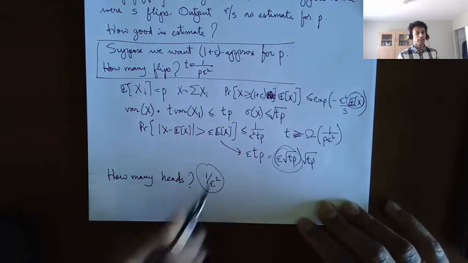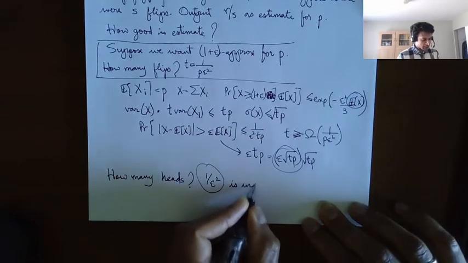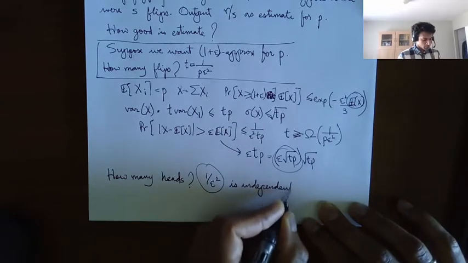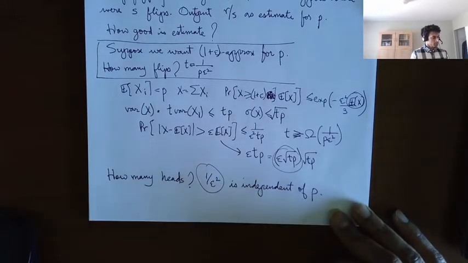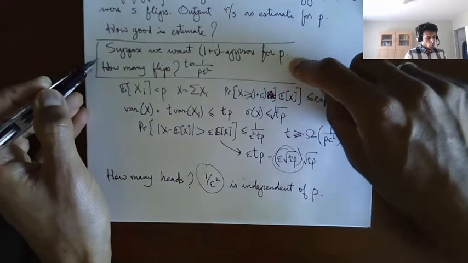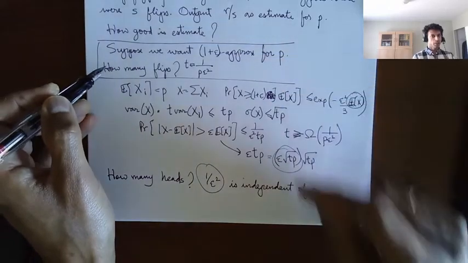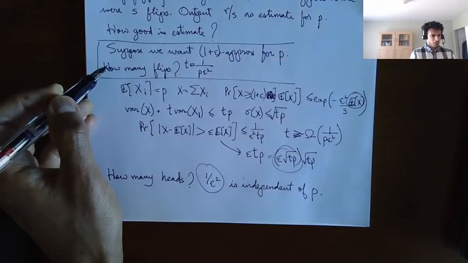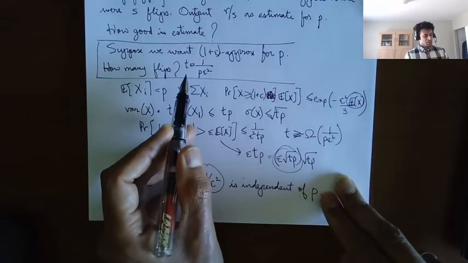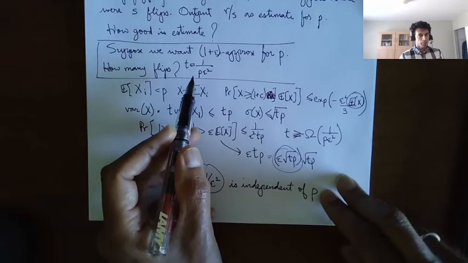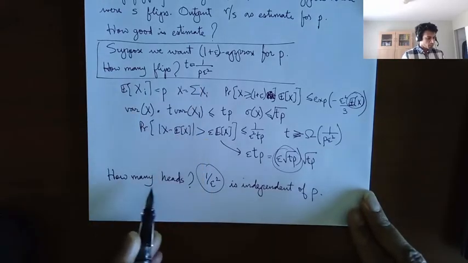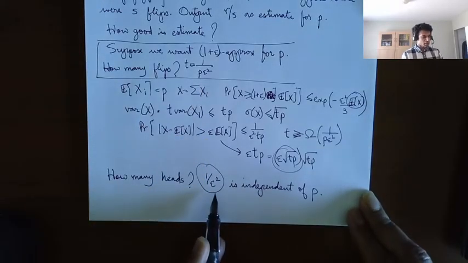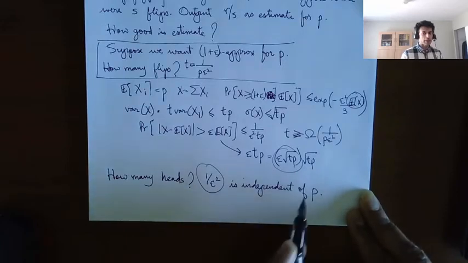So the number of heads you need is independent of p. When you look in terms of the number of flips, there's a problem because you have to express the number of flips in terms of p, which is exactly what you're trying to find. But if you express it in terms of how many heads, then it is only dependent on epsilon, it's independent of p.